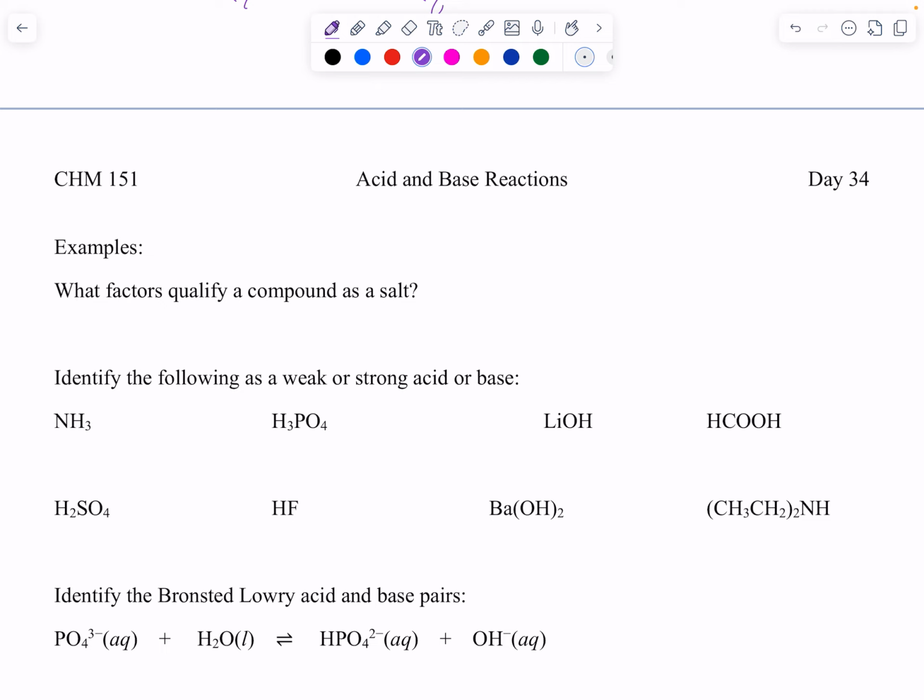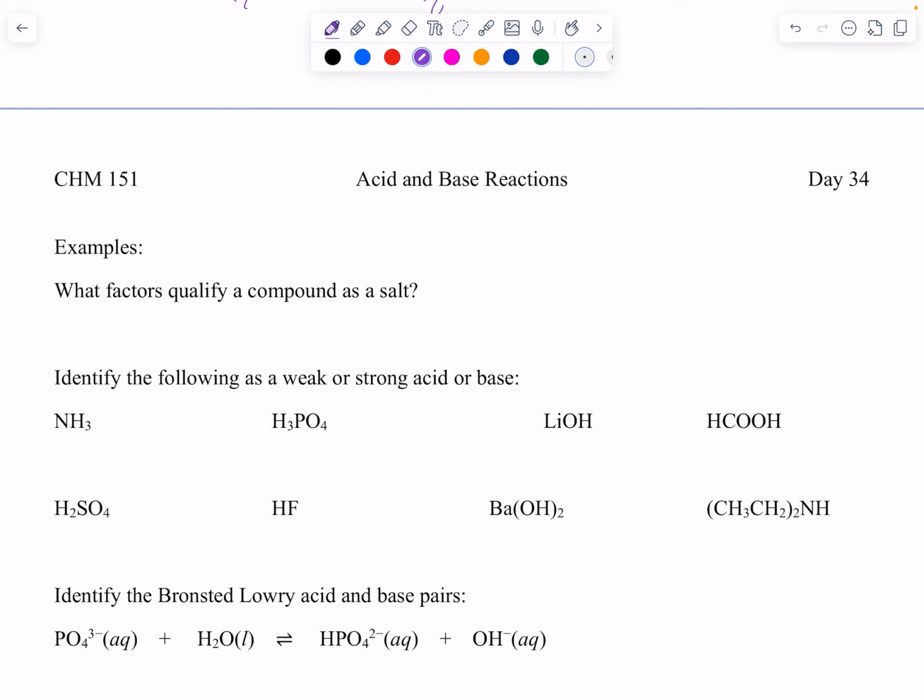If that was the question, what would you say? Because we need to know, what's first? Is it a metal first? Is it a non-metal first? Is it an H first? You know, what are we doing?